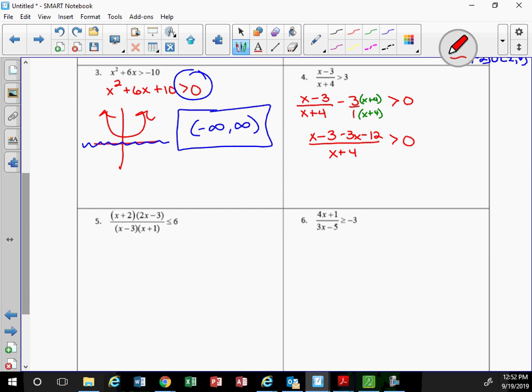All right, so simplify your numerator. We'd have negative 2x minus 15 over x plus 4 greater than 0. All right, we're okay there? Okay, now it's time for our number line. So, what do you think goes on my number line? I'm going to have 2 things.